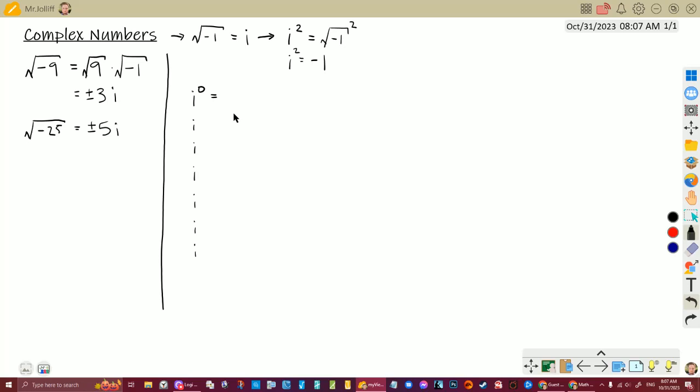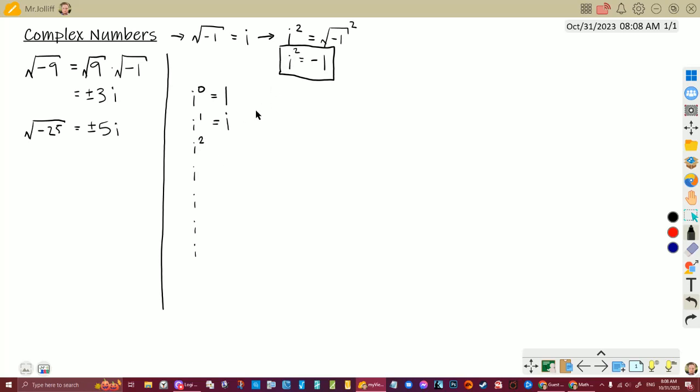And we know that anything to the 0th power is 1. And that can actually be proved with this mathematical definition of the imaginary unit, but we're not going to do that. We're just going to use what we know about exponents. Anything to the 0th power is 1. Anything to the first power is itself. So this should be i.